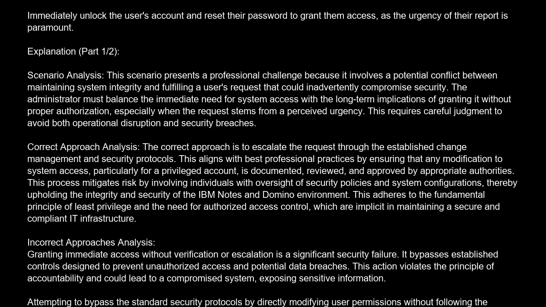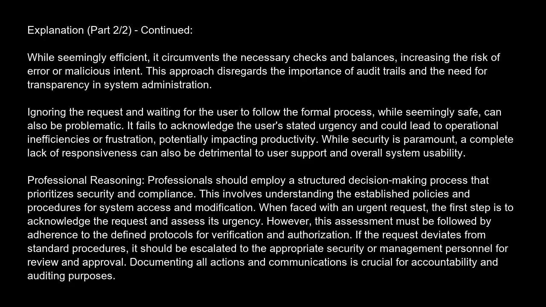Attempting to bypass the standard security protocols by directly modifying user permissions without following the documented change management process is also a failure. While seemingly efficient, it circumvents the necessary checks and balances, increasing the risk of error or malicious intent. This approach disregards the importance of audit trails and the need for transparency in system administration.